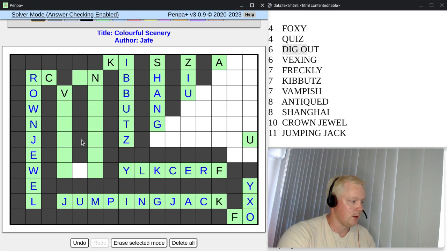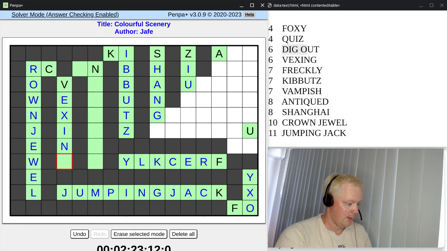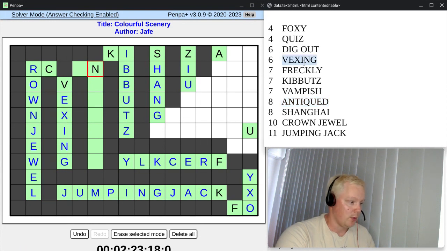So these shaded cells have to get out. They have to join the others, have to make this shaded. So now this V word is 6 letters, so vexing is the only option. And now this N word, we had 2 options. We had antiqued and, well, vexing was already used, so antiqued is the only option here.